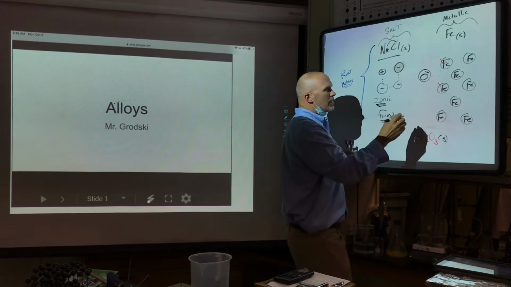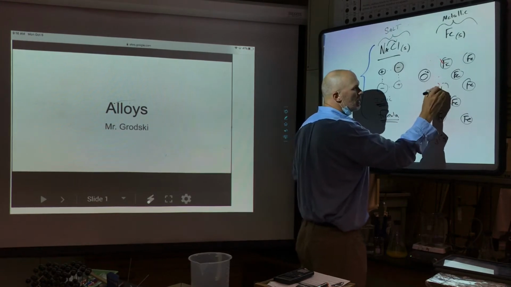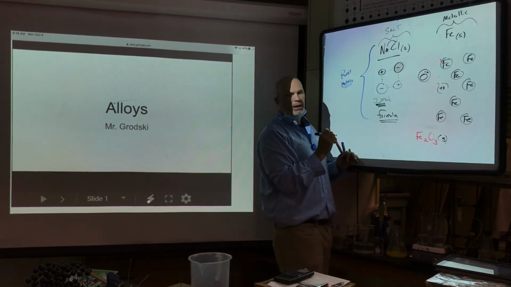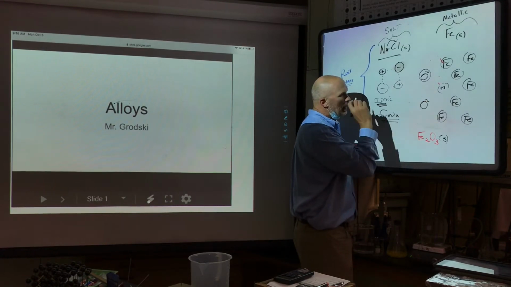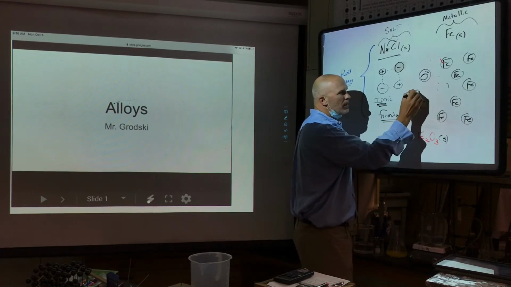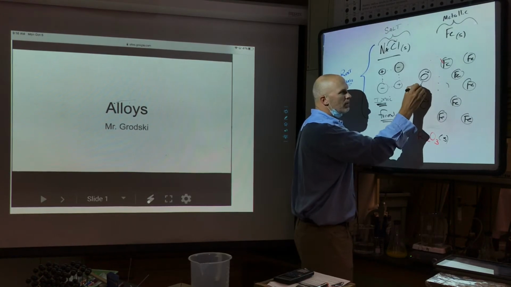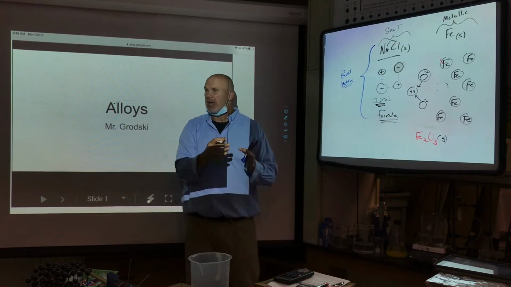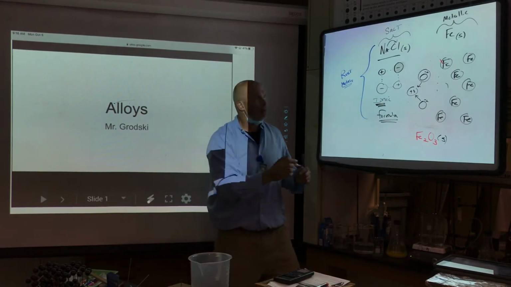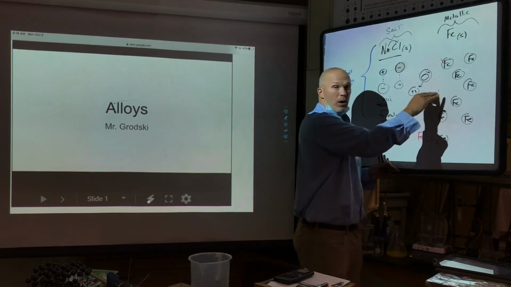This becomes +3, but interestingly, this O -2 pulls this +3 into this pattern. These two negatives will pull this +3 into a different structure than the one the iron was in.